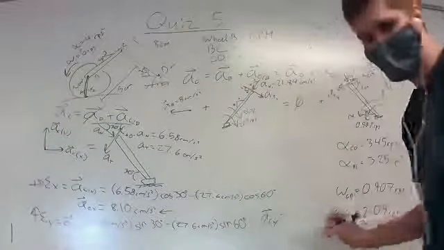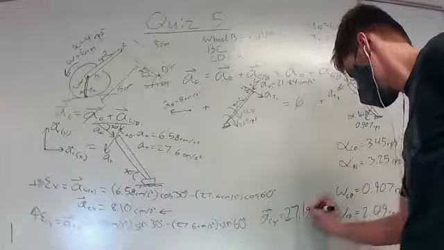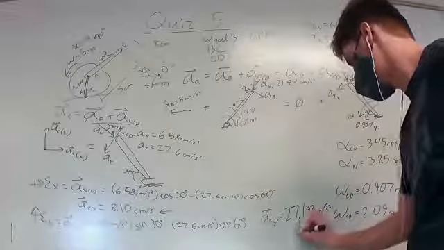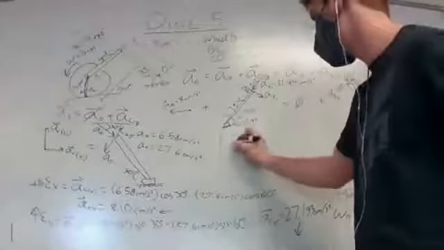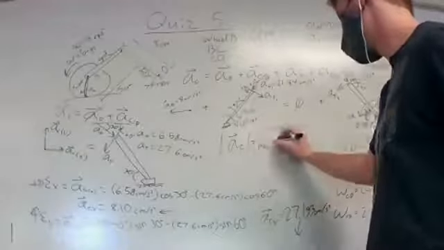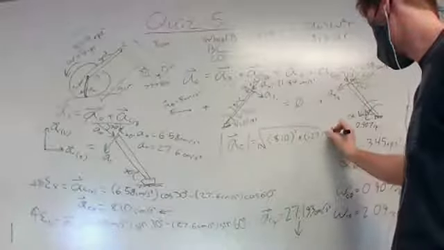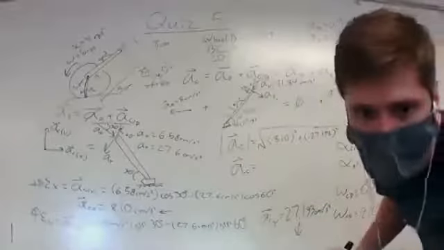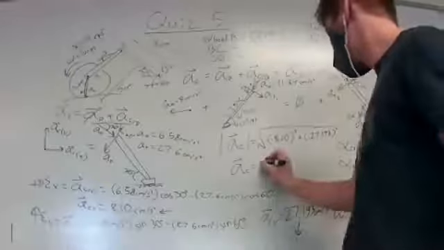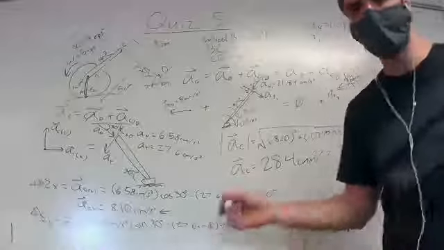So our final magnitude of A_C is equal to the square root of the x component squared plus the y component squared.